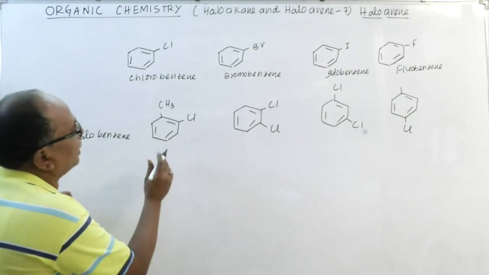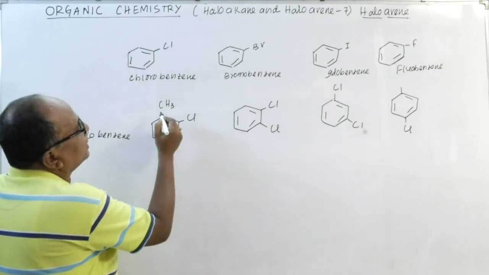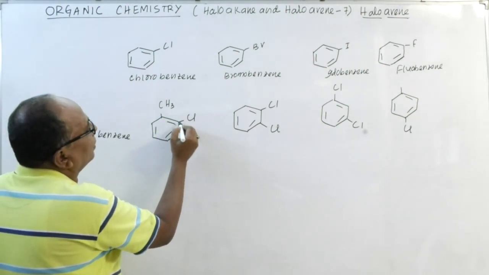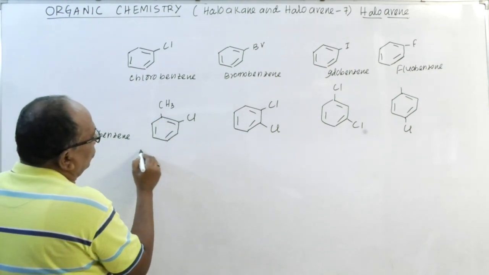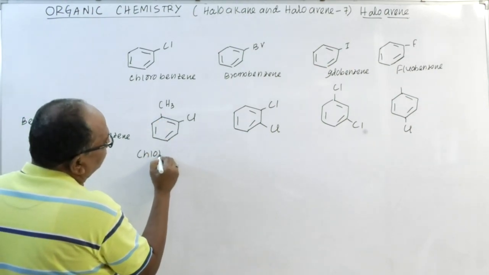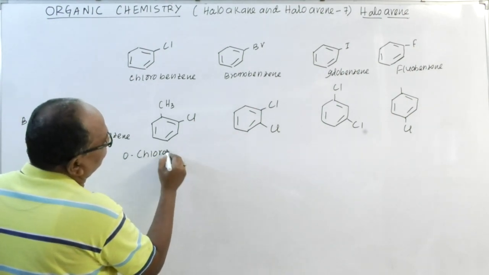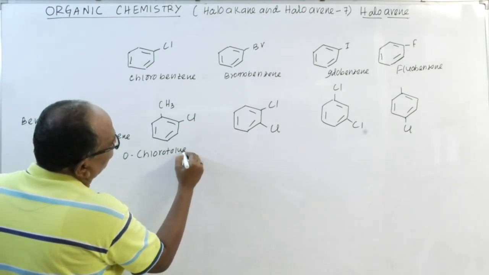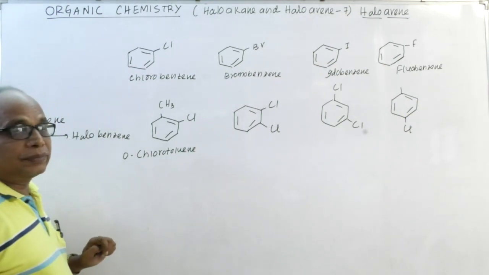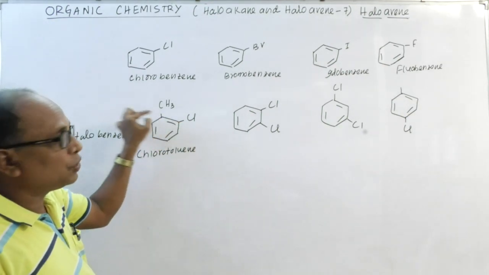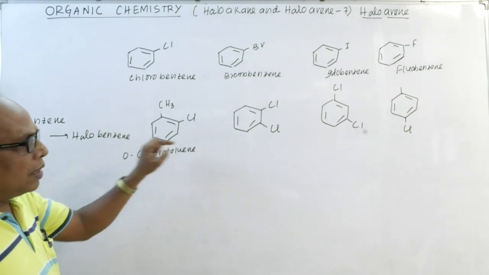Okay, what is this one? This is called orthochlorotoluene, because this position is called ortho, the nearby position is called ortho. And what is this one?